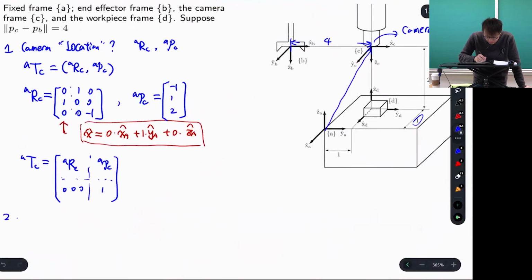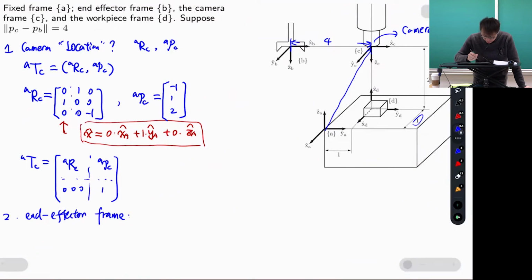Then some people may ask, typically you need to compute the end-effector frame location. Then that will be TBC. Oh, sorry, TBA, right? I want to know end-effector frame TBA.